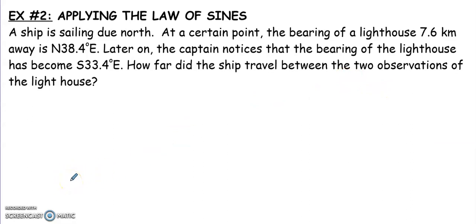Again, they didn't give us a picture, so I'm going to draw a picture. I'm going to do my best to draw a little cargo ship. They're kind of big and boxy. So there's my ship, and it's going north. My ship is going straight up. That's north.